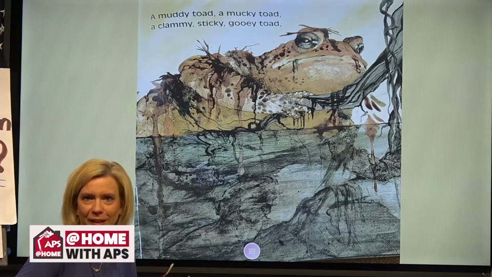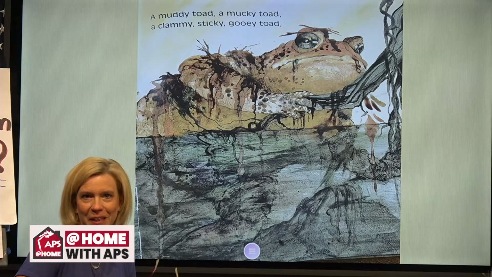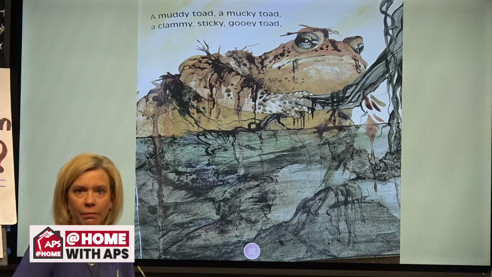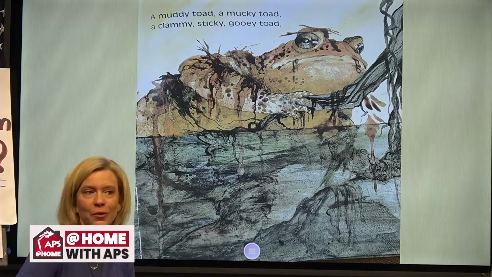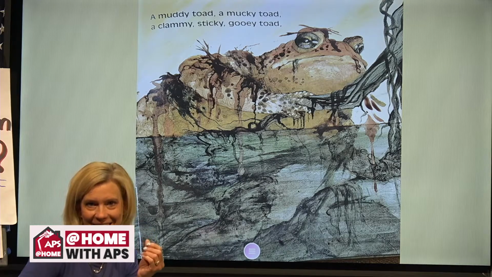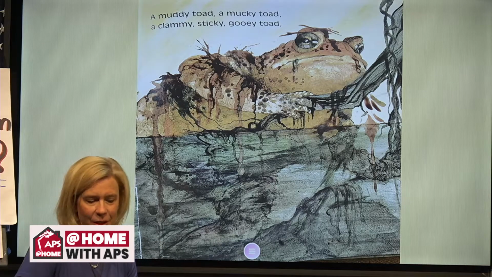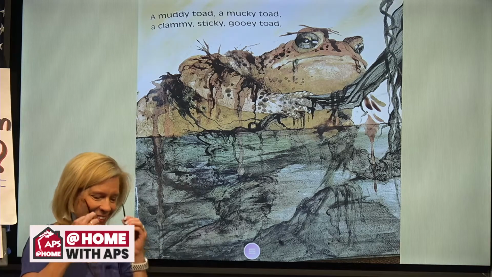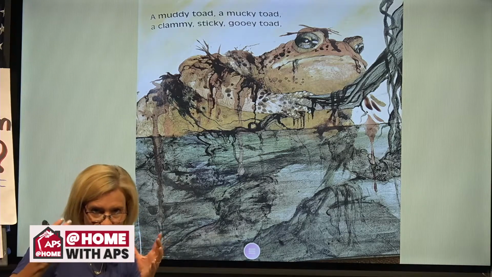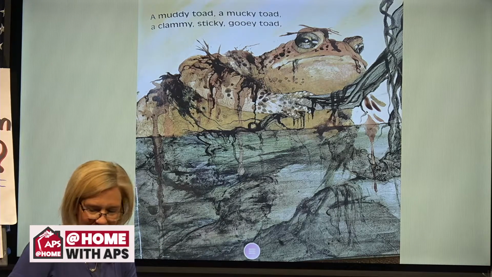But gooey could mean ew, or I think of caramels or something that you're eating that's sticky. Maybe glue, if you're using glue in school. Gooey. So those words sort of capture our senses, don't they?